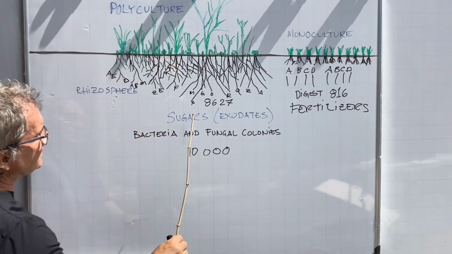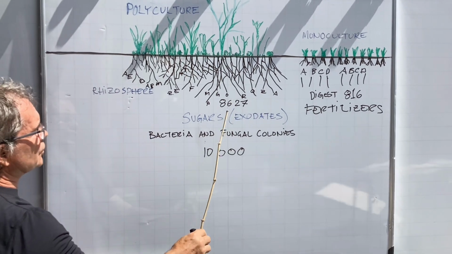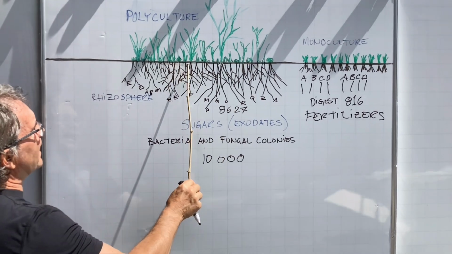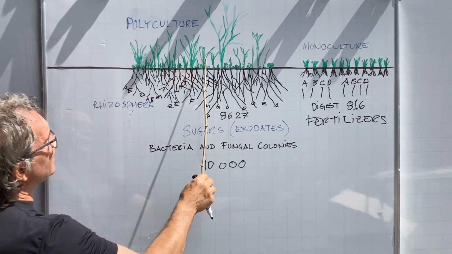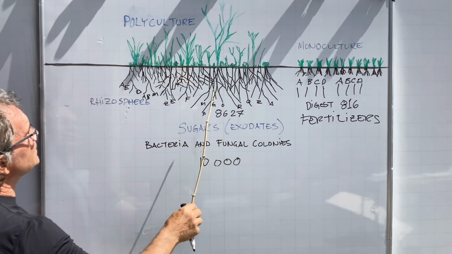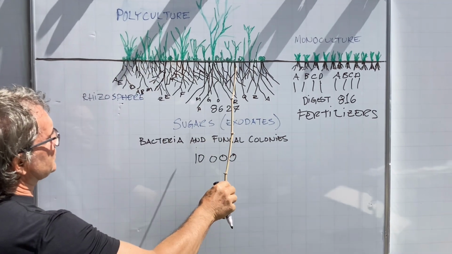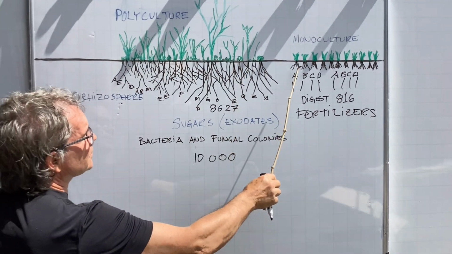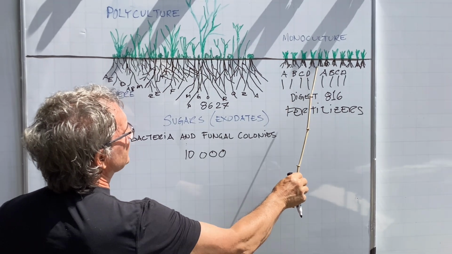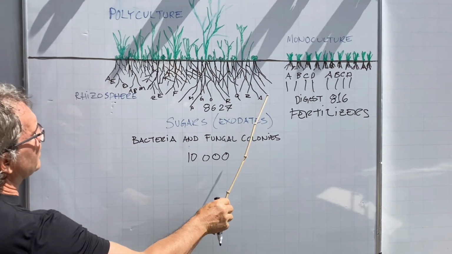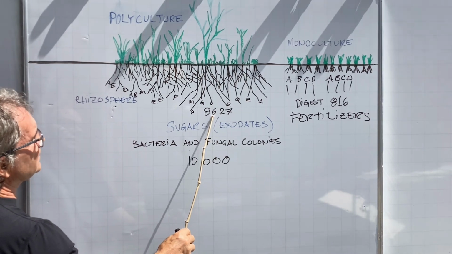So they are digesting the exudates and the sugars and feeding it back to the plants. So the more diverse this is, the more diverse the plant food is that these plants are consuming, compared to the monoculture where they're getting this A, B, C, D turned back into sugar. Here they have the entire alphabet being turned back into sugar.